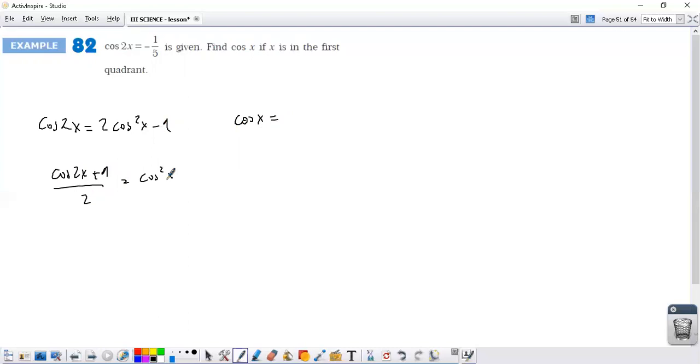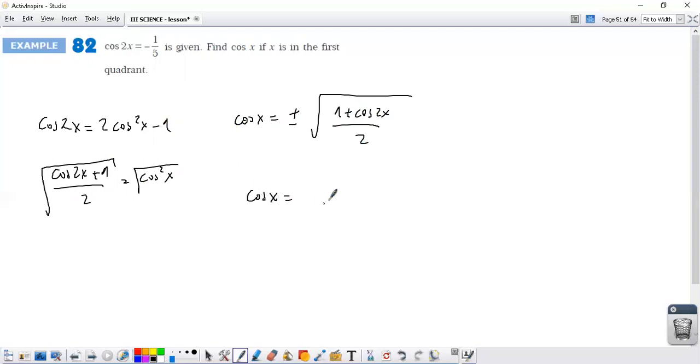It will give us cos square x, and by taking the root of both sides, cosine x will be plus or minus the square root of (1 plus cosine 2x) over 2, right? Since x is in the first quadrant, the cosine is positive. So cosine x is equal to the square root of 1 plus negative 1 over 5, over 2. So we will have root 2 over 5. Okay.